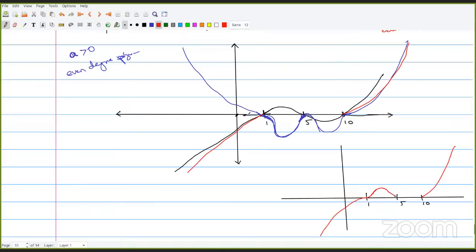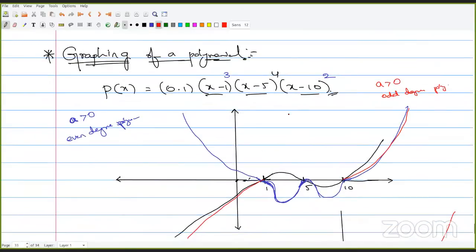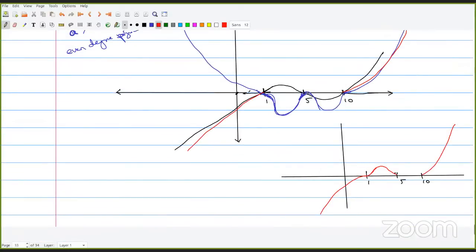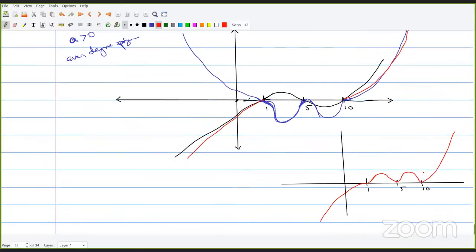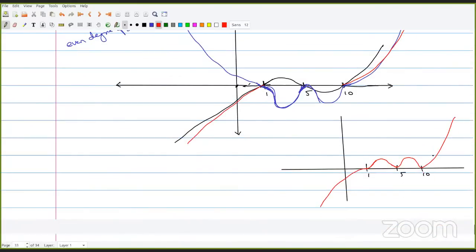I will take a turn and reach 5. Once I reach 5, the multiplicity is 4, so it is even. Therefore it will bounce back. And once I reach 10, 10 also has even multiplicity, so I should bounce back. So this is how the graph will be.